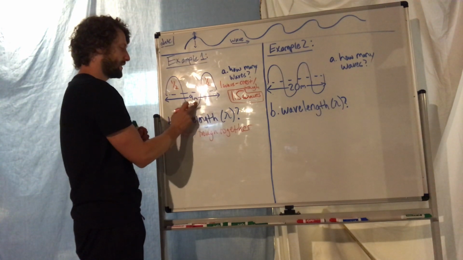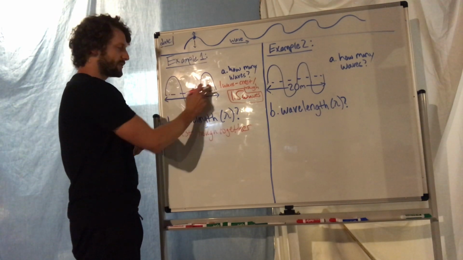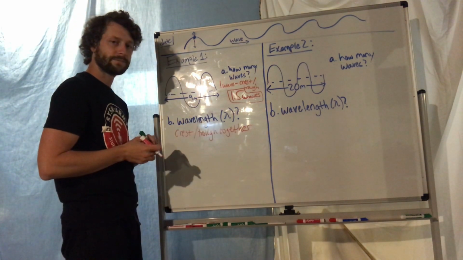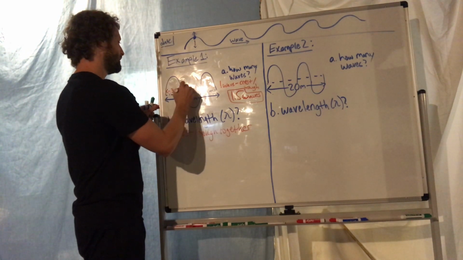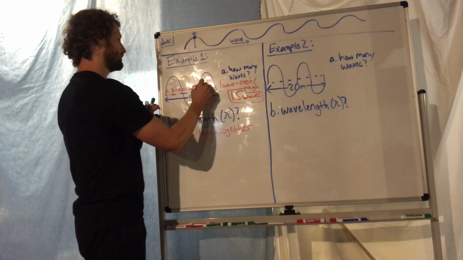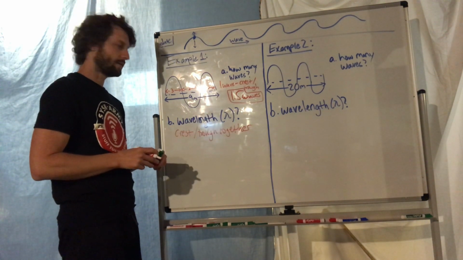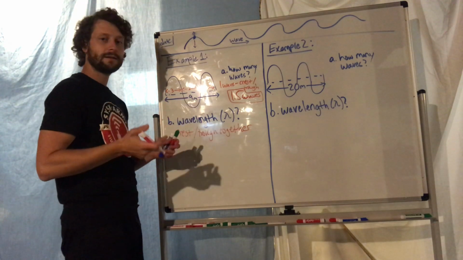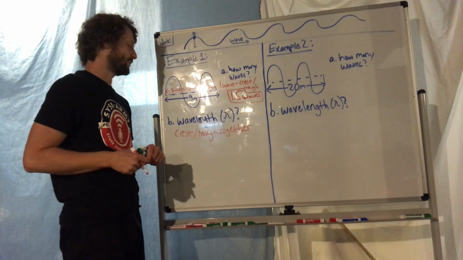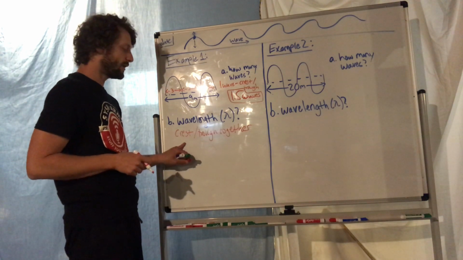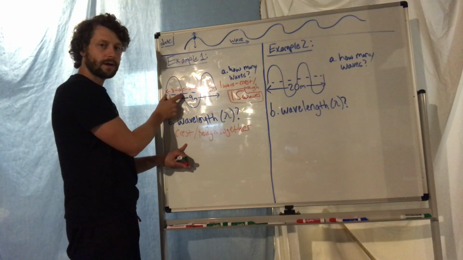The 3 parts are 9 meters long. I'm going to erase these little halves here for some more room. The 3 parts are 9 meters long. So each of the parts is only 3 meters long, because 9 divided by 3 gets us 3. But the wavelength is not just the length of a crest, which is 3, we just wrote it.